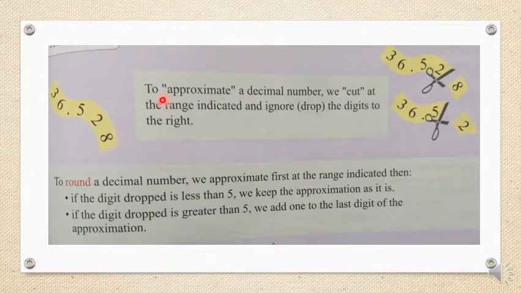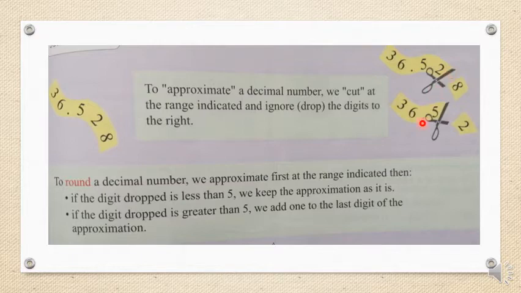We said that to approximate a number to the unit means to give its whole number. To approximate a decimal number, we cut at the range indicated and ignore or drop the digits to the right. Example, if they told me to approximate 36.528 to the nearest hundredth, we cut the decimal number at the hundredth digit.